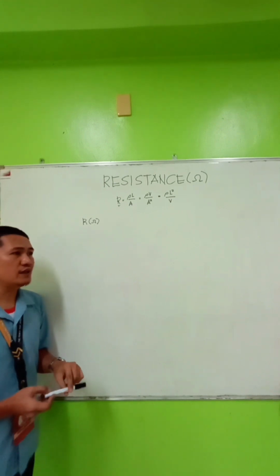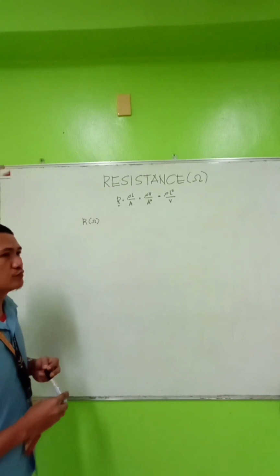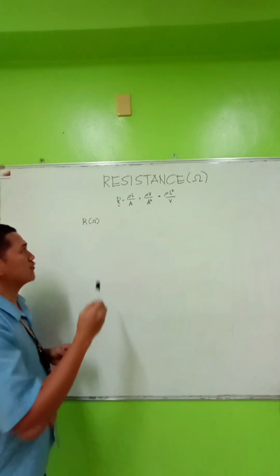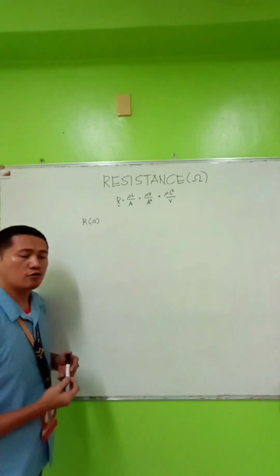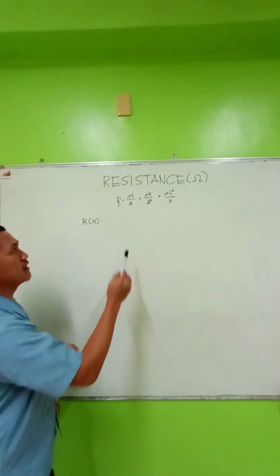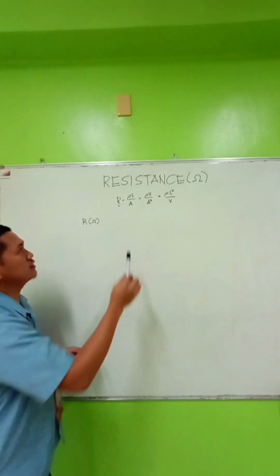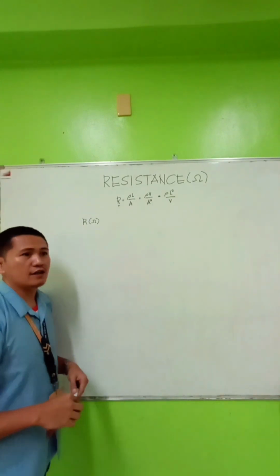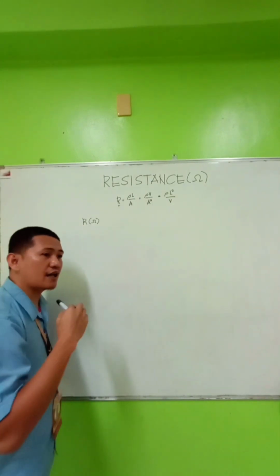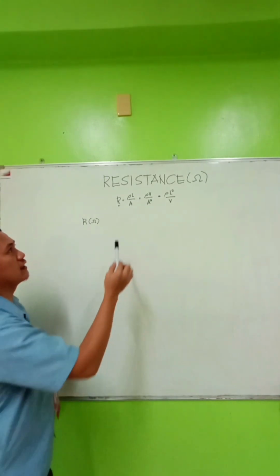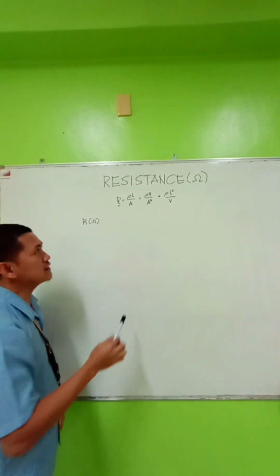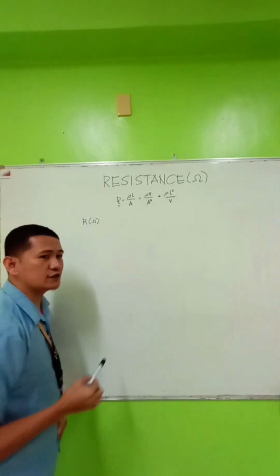If we take a look at our formula, one of the components that affects your resistance directly is your resistivity. It is present in your numerator side. It means it is directly proportional. Your resistance is directly proportional to your resistivity.